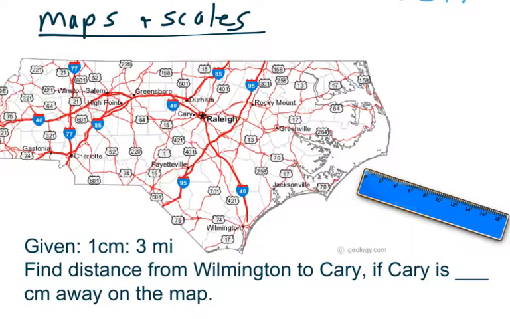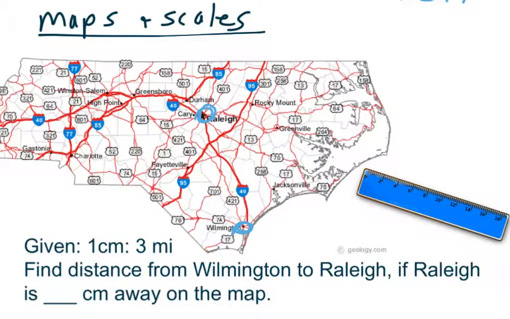Alright, let's talk about maps and scales. If we wanted to find out how far it is from Wilmington to Cary, and all we had was a map to go by, well, first off, let's look at where Wilmington is. Wilmington's right here, and then Raleigh is right here. Actually, this says to Cary. There, I changed that back to Raleigh. So if we're going from Wilmington to Raleigh, and Cary was just a little bit west, it looks like.